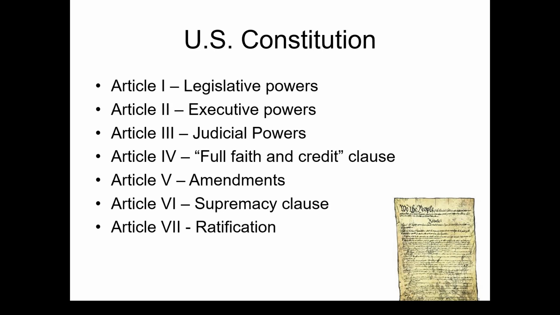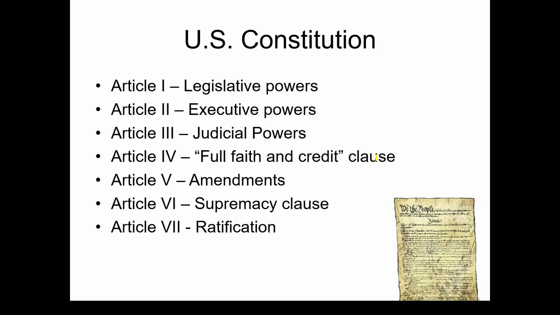It sets up the structure for government and shows the rules for making the rules, I guess you could say. Article 1 looks at legislative powers, Article 2, executive powers, the president's branch, Article 3, judicial powers. Article 4 was the unity article that put the states together in order to recognize what one state has done for a person.